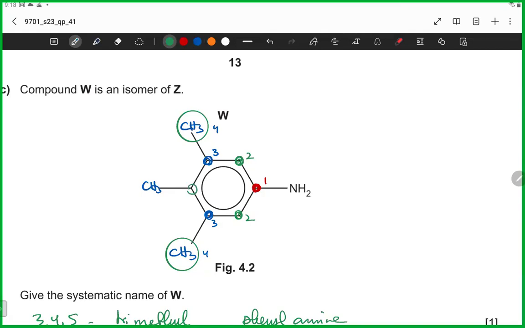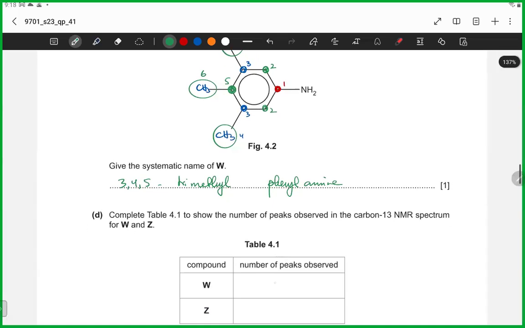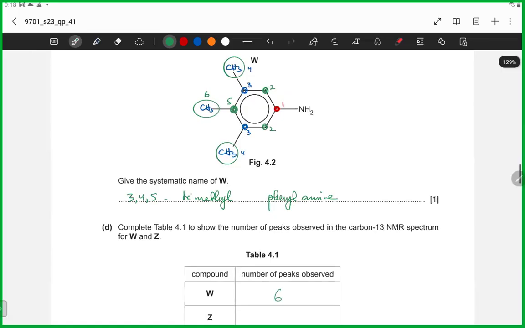Then you have this carbon atom, which is completely different from all the rest. So that's your fifth peak. And this CH3 carbon is different from all the rest. So that's your sixth peak. So W is going to have 6 carbon-13 environments, and there will be 6 different peaks.